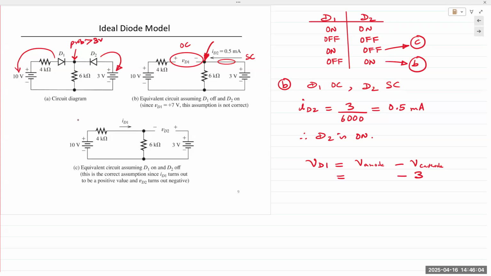Voltage at the anode can be found by considering the open circuit. So this is the fundamental principle. What is the current flowing through R1, the 4 kilo ohm resistor? 0, right? Diode is open, so there's no pathway for the current to flow through. So current through the 4 kilo ohm resistor is 0. If current through the 4 kilo ohm resistor is 0, what is the voltage drop across the 4 kilo ohm resistor?